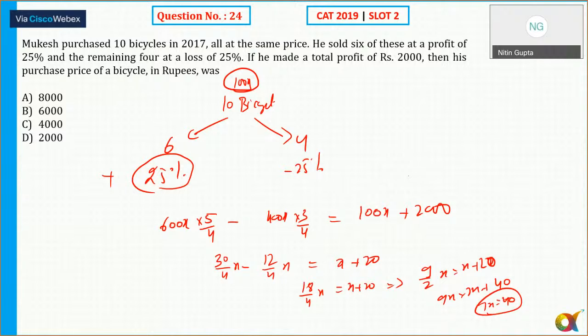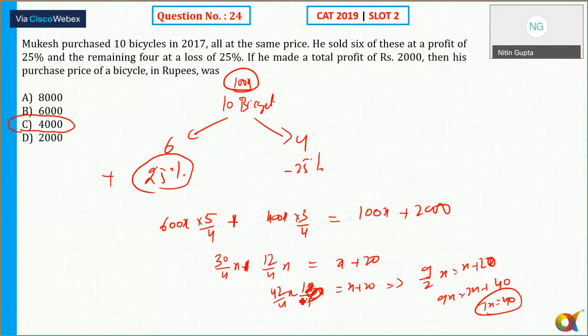Yes. The value of x should have come out to be 40, I have made some calculation mistake. x will be equal to 40, so the answer will be option C. Where I committed a mistake: 600 into 5 by 4, I had to do plus here, not minus, plus. So 30 plus 12, that is equal to 42 by 4x.